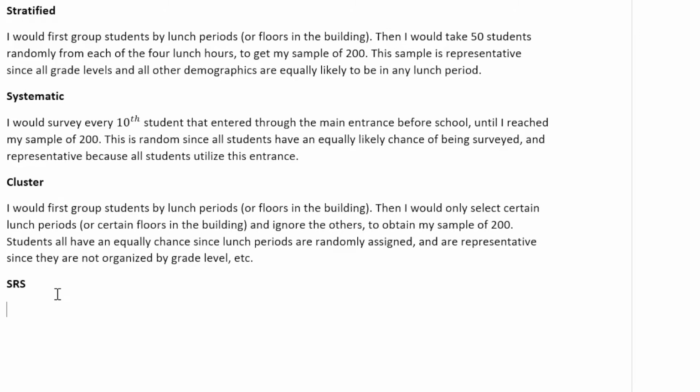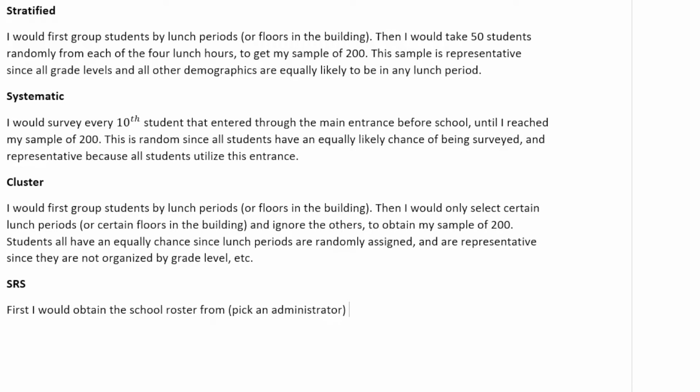Alright, this one is the easiest one. That's why we saved it for last. So simple random sample is basically you just tell me some type of methodology where all students in the school have an equally likely shot, and you give me a way you're doing it. So first, I would obtain the school roster from, let's see, pick an administrator, or you could say teacher here, or whatever it may be.